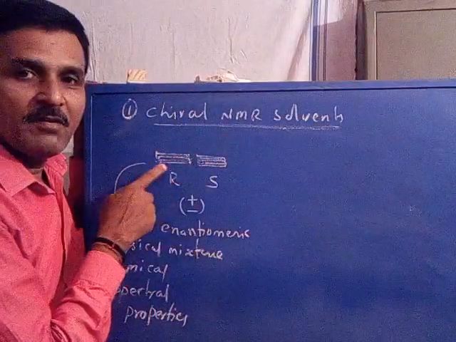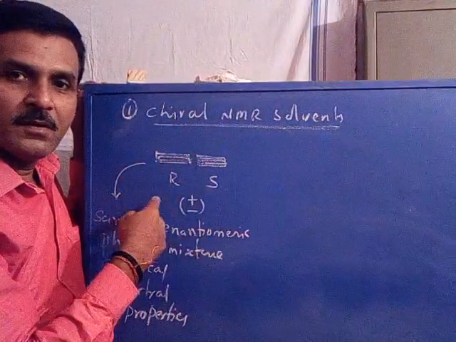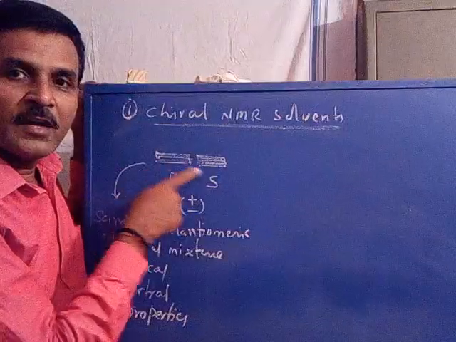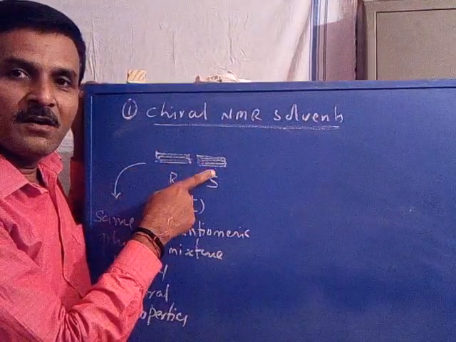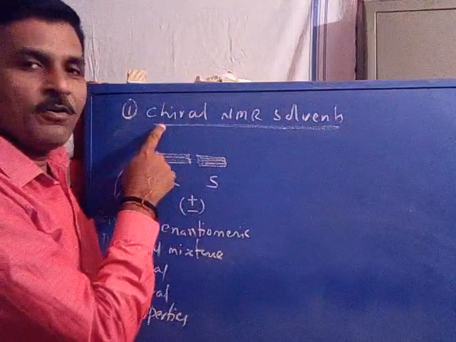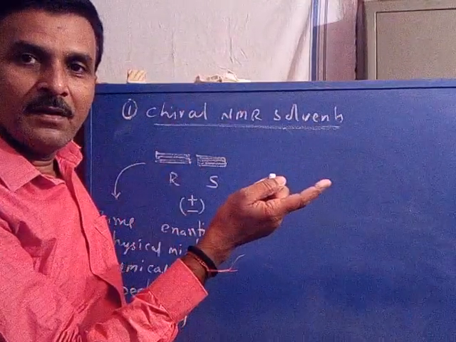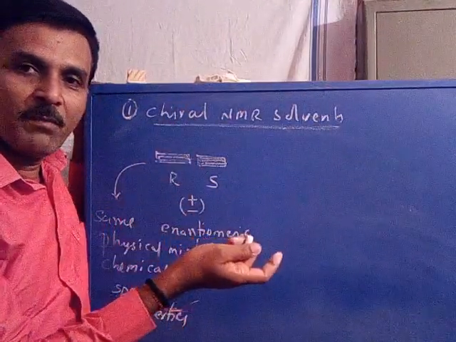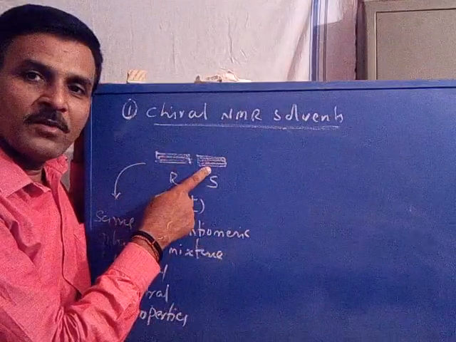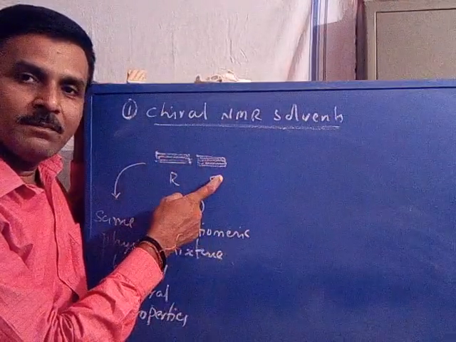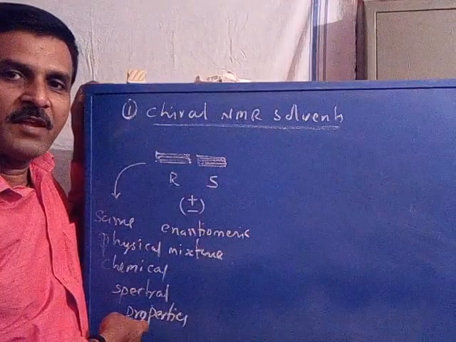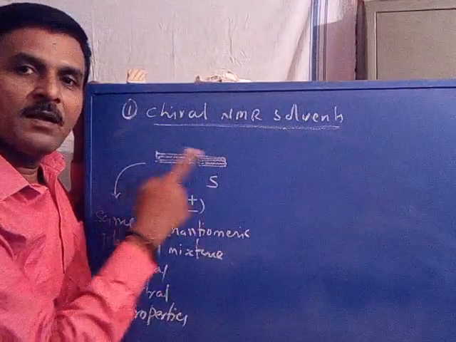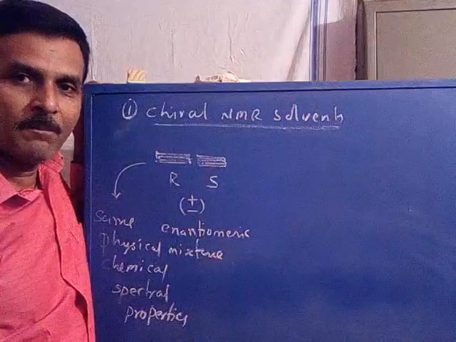Before addition of solvent, there is no solvent. Both isomers are oriented in the same way, horizontal and horizontal. Before adding NMR solvent, because of similar property, both isomers are oriented in the same manner and appear with the same spectral property. Absorption frequency of protons of R isomer and S isomer are the same.